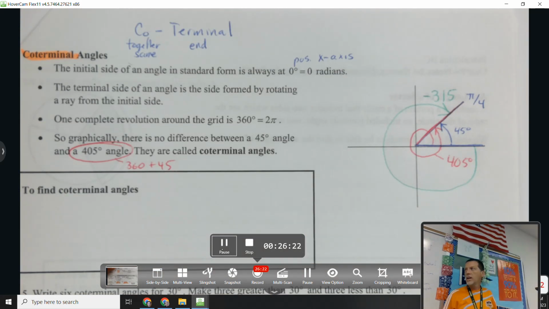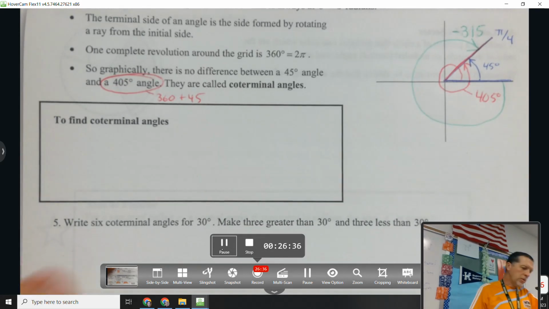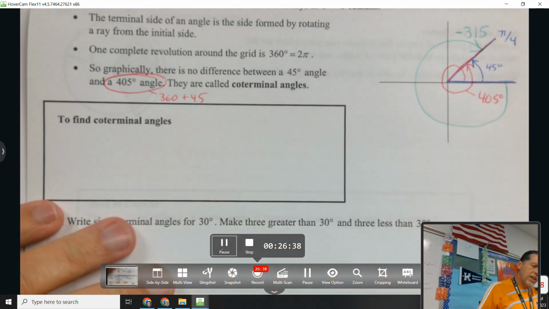So here's a question for you. How many ways are there to land at that particular angle? Infinite, because you can spin around as often as you like. To find coterminal angles, then, what do you think?